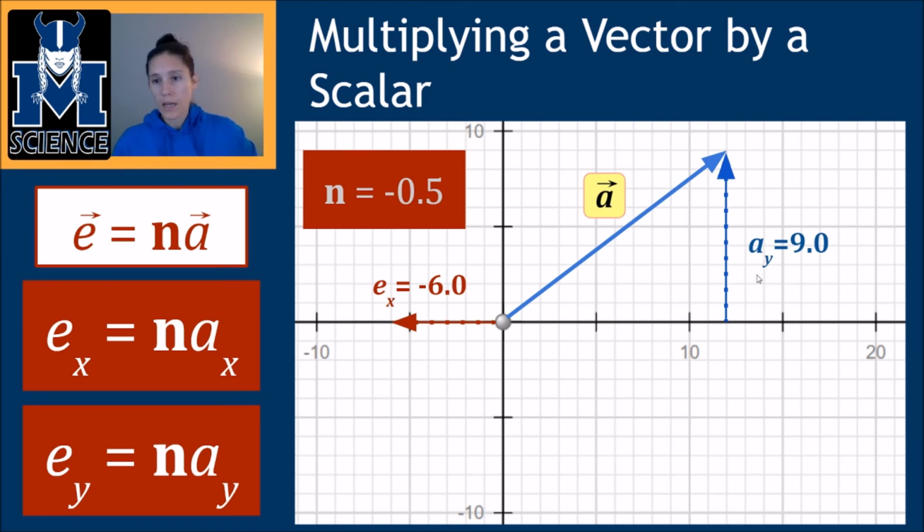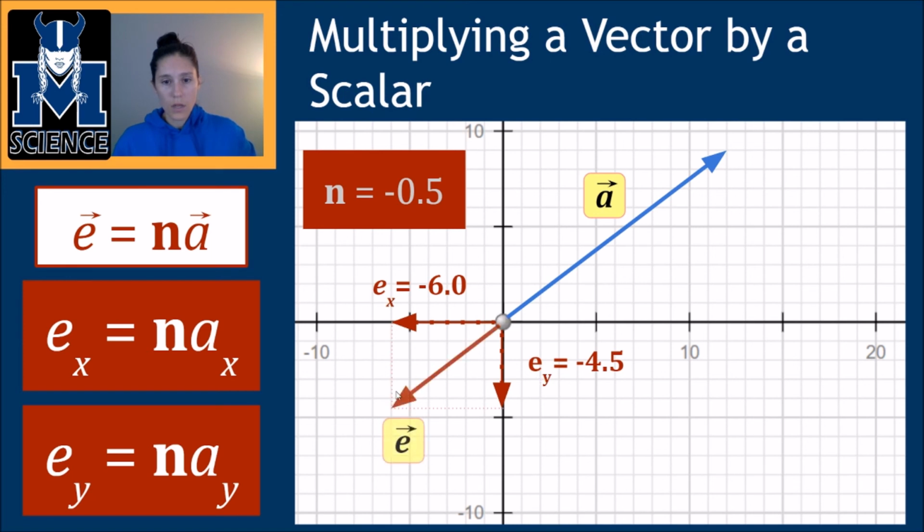Then we take this 9 multiplied by negative 0.5 and we get negative 4.5. So that's our y component of this resultant vector E when we take negative 0.5 times vector A. So our resultant vector E is going to be right here, and it has components of negative 6 in the x direction and negative 4.5 in the y.